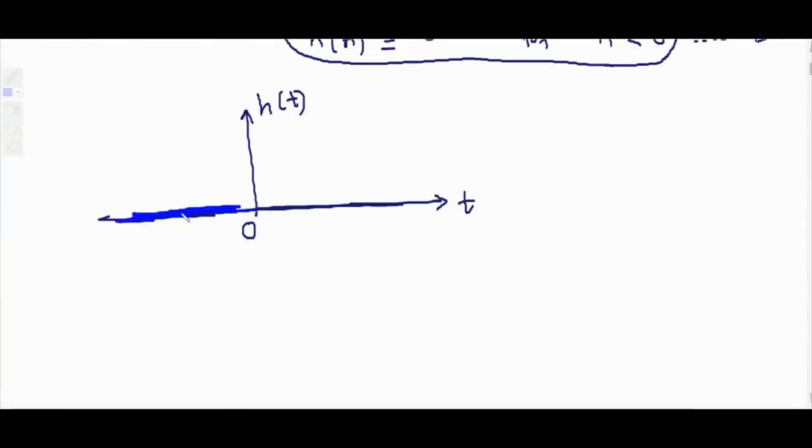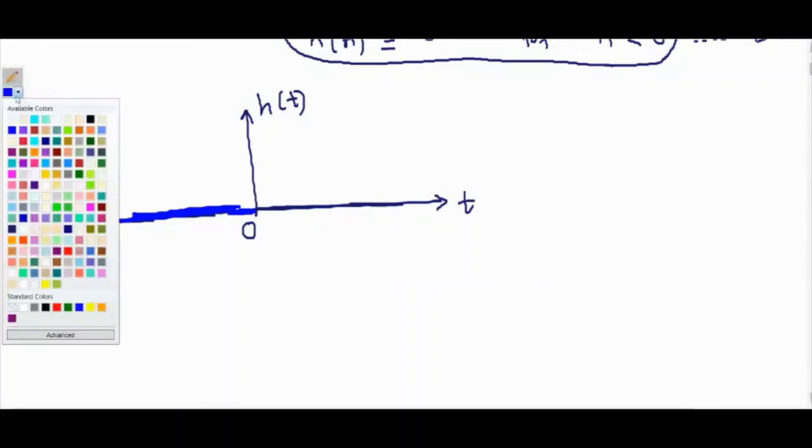So here your h of t should be 0. Then we will say that the system is a causal system. That means h of t should not be present for negative values of t. So h of t should be 0 for t less than 0. This is the condition for a system to be causal.